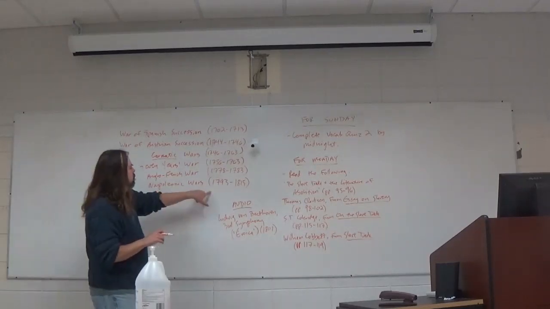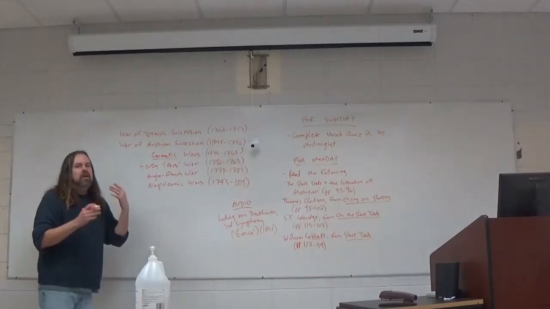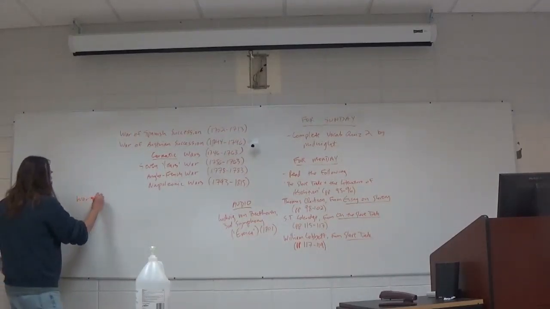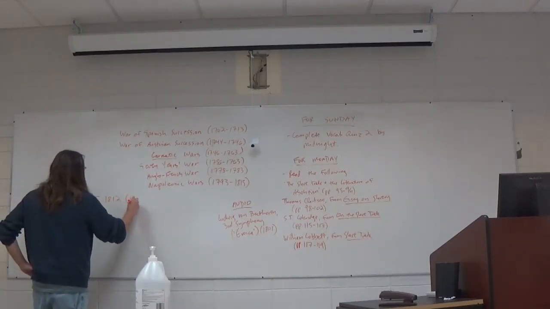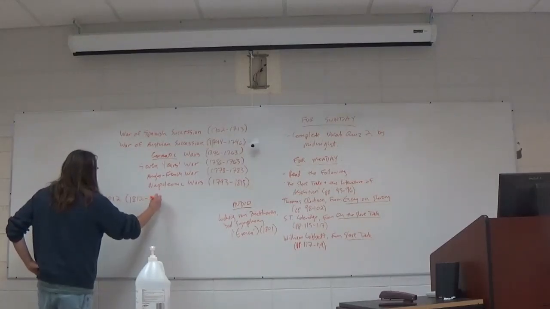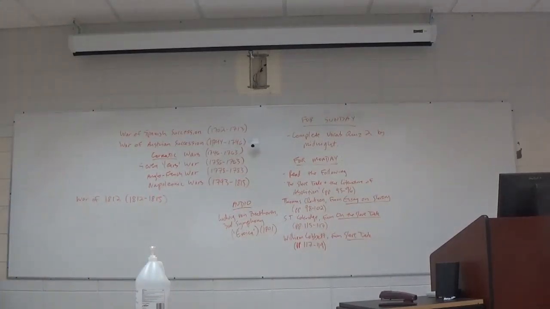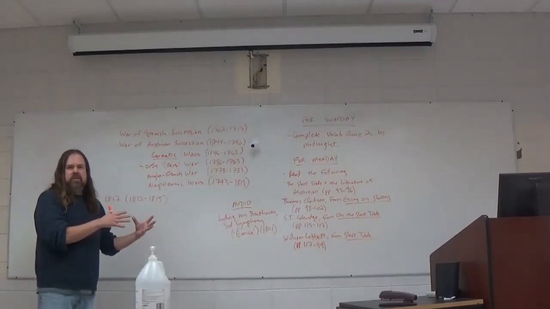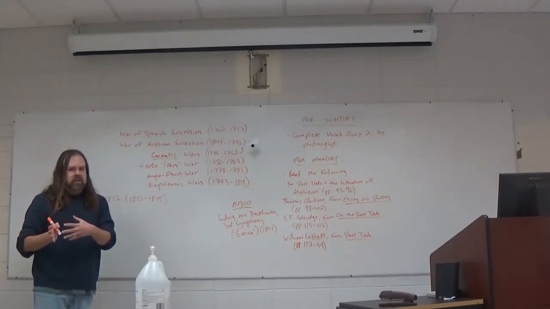The Napoleonic Wars between 1793 and 1815, right? We're also fighting a war with Britain near the end of this period, called the War of 1812, about 1812 to 1815. But this is, at least from the British perspective, just a smaller side skirmish in their larger conflict with the French.